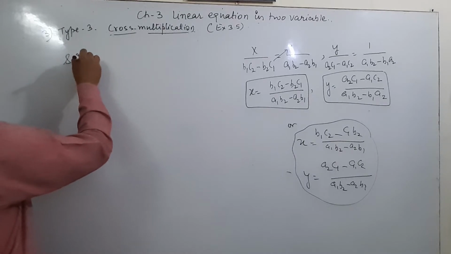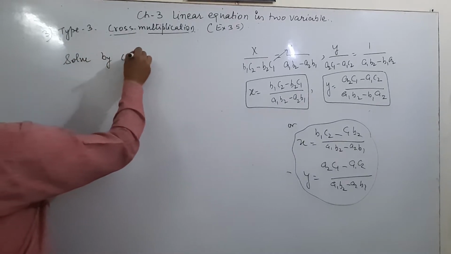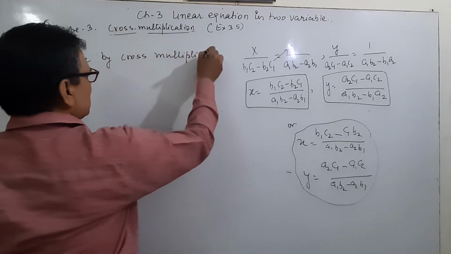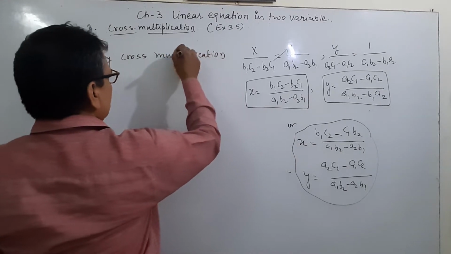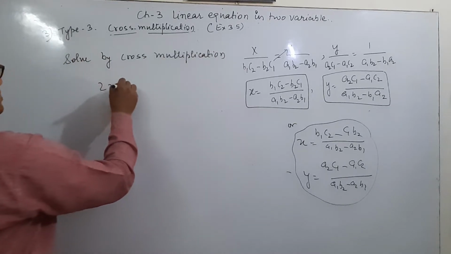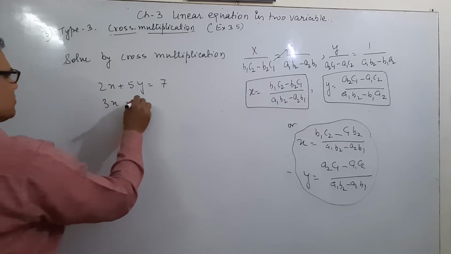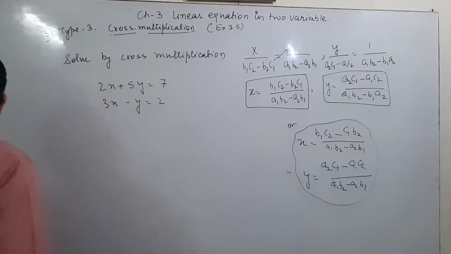Solve by cross multiplication: 2x plus 5y is equal to 7, 3x minus y is equal to 2.